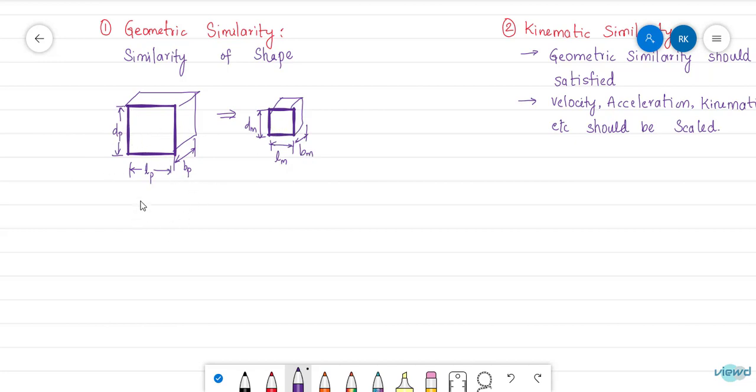In order to design a model, a scale ratio should be used. Length scale ratio LR is equal to LM by LP, which is equal to BM by BP, which is equal to DM by DP.